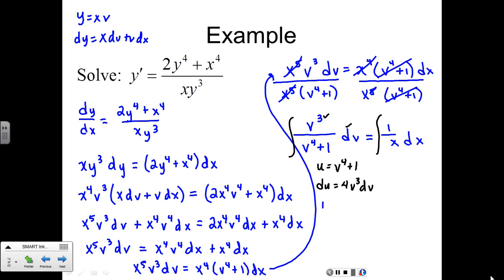So 1/4 natural log of u, v to the fourth plus 1. That's another one that you wouldn't need absolute value bars on. V to the fourth plus 1 is always going to be positive. And this side will be what? Natural log of x plus c.